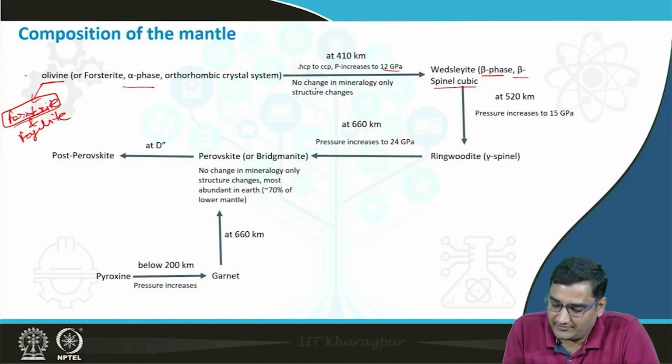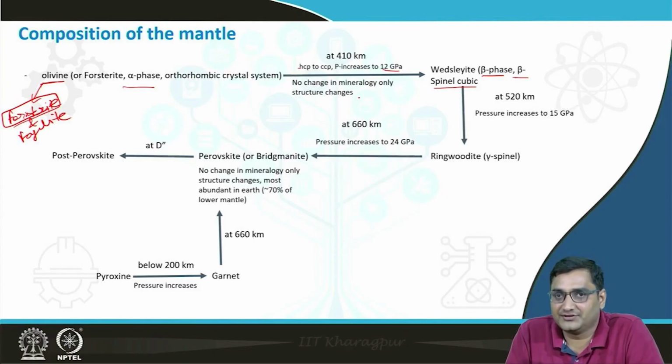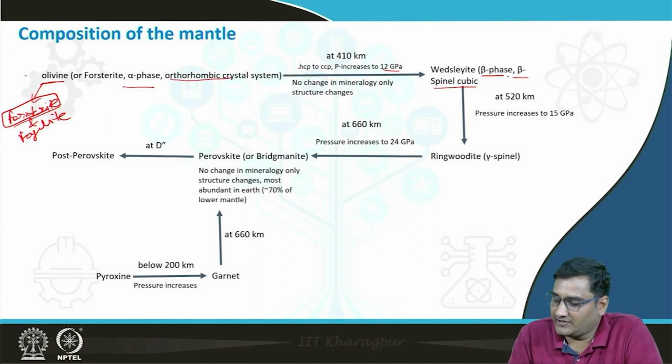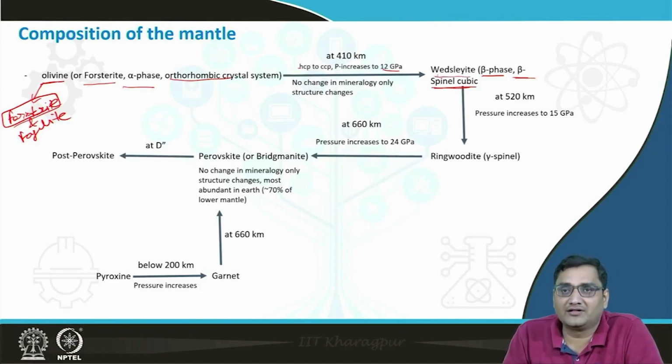If you understand, there is no change in the mineralogy, only the structure is changing. So the chemical formula is the same for alpha phase and the beta phase, but their structures are different. One is orthorhombic, another one is beta spinel cubic structure. So the alpha phase is changing to the beta phase, or you can say the forsterite is changing to wadsleyite at the 410 kilometer discontinuity.